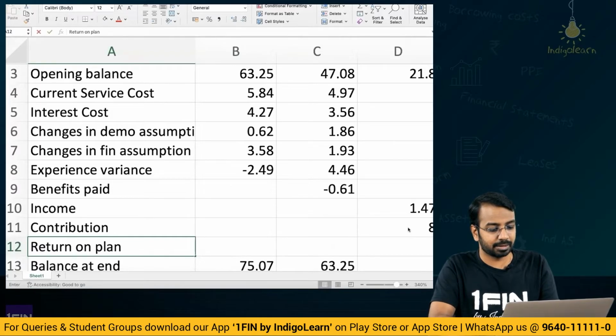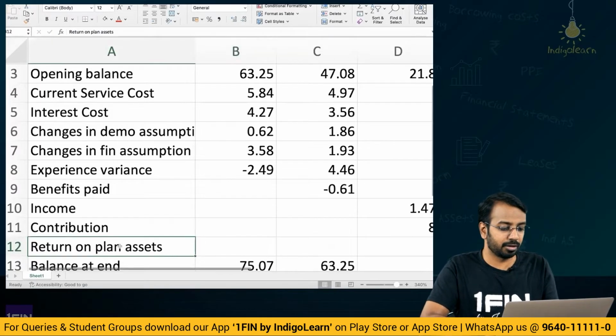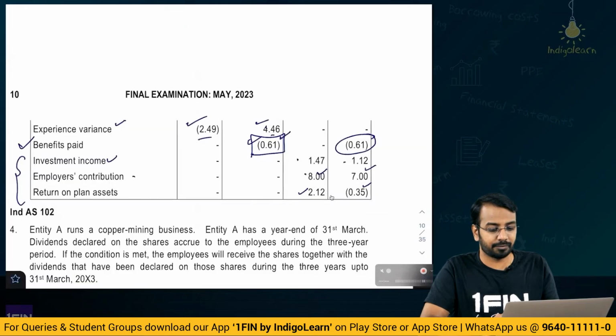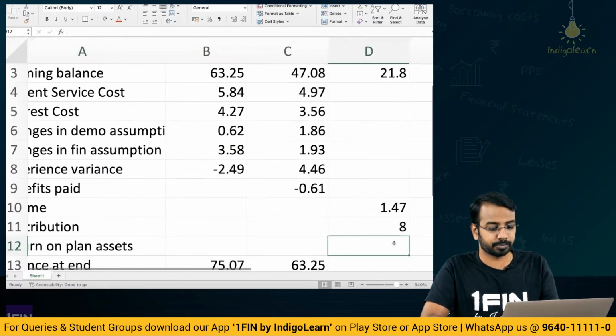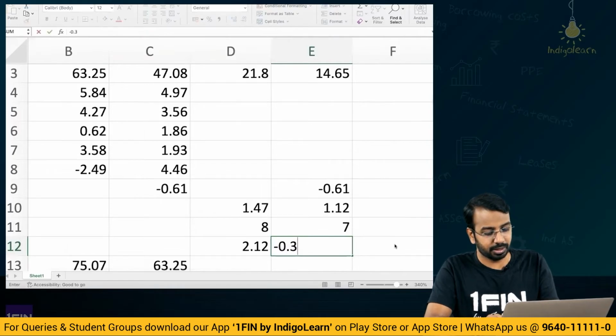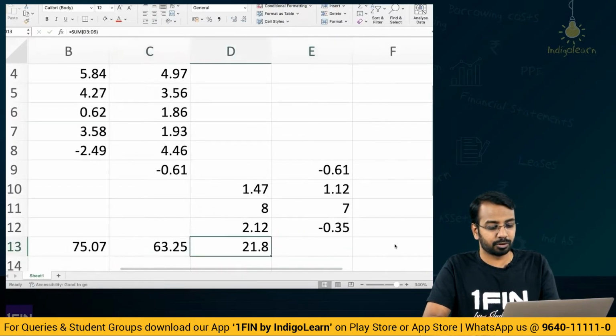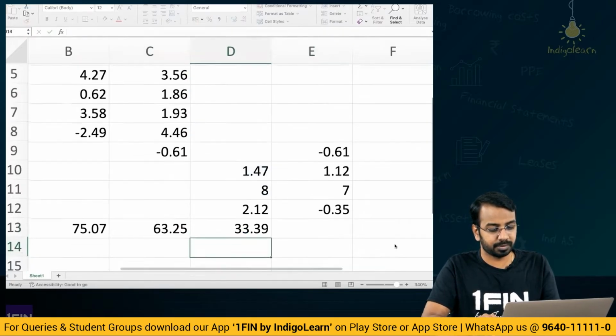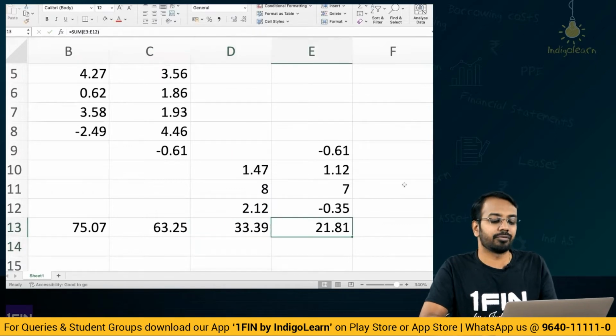Return on plan assets. Actually this income and return on plan assets should be combined and given, but they have given it separately. Return on plan assets 2.12 and 0.35. This is negative, minus 0.35, right? So if you do the total here to row number 12, 33.39 and 21.81.